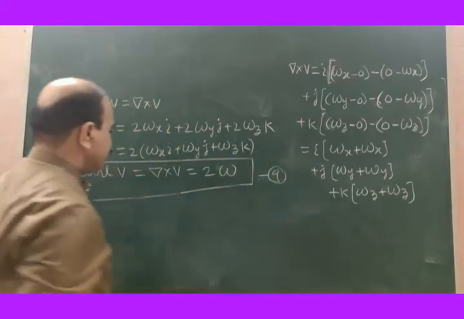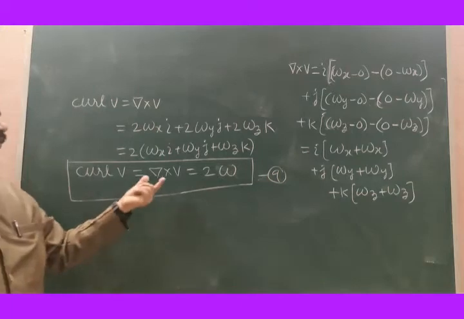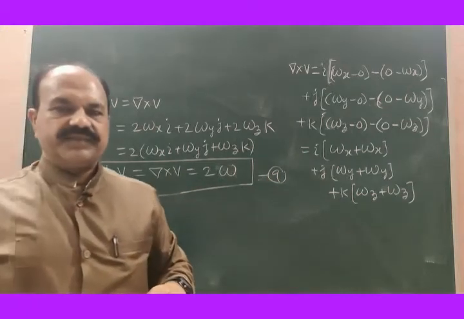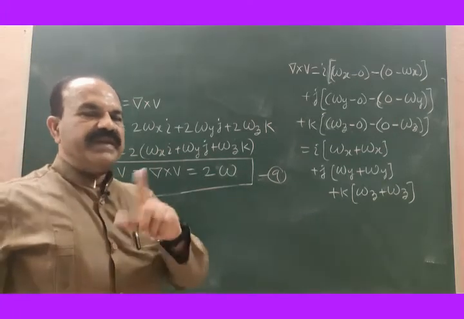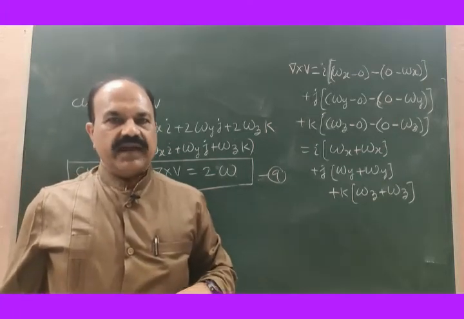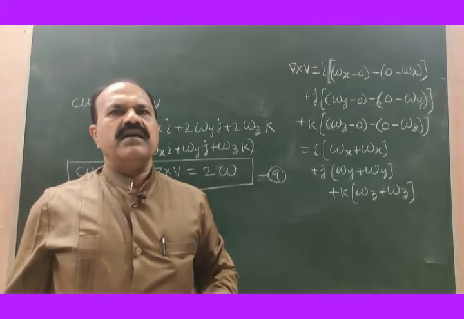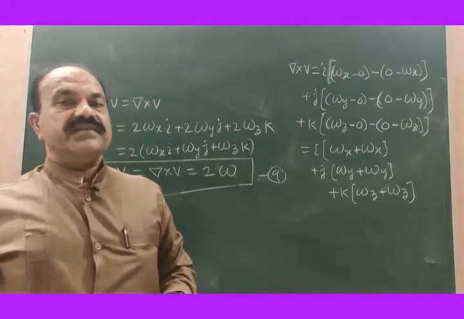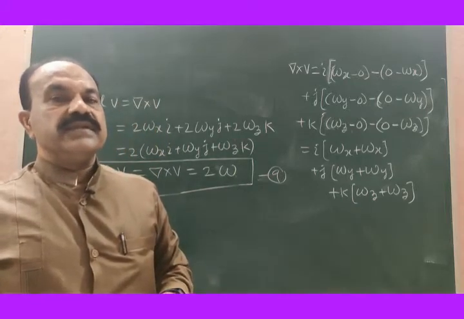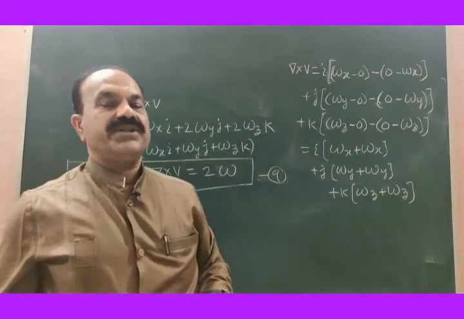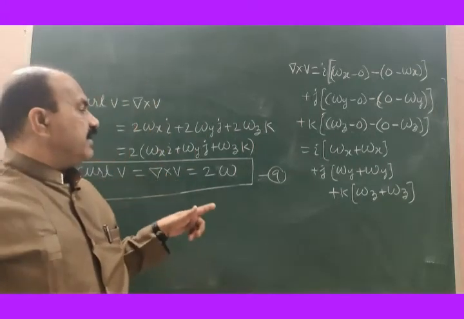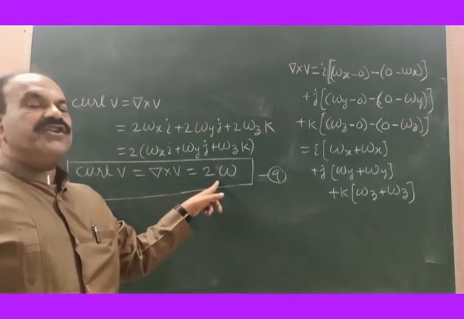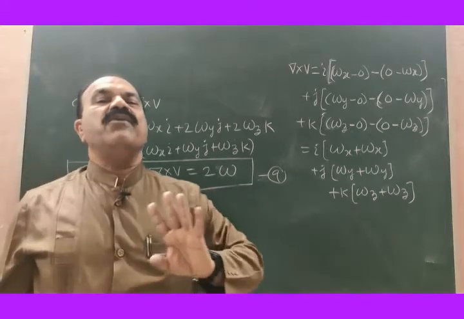Equation number 9. Curl V or del cross V is simply 2 omega, meaning that, what is the meaning of this? Meaning that when a rigid body is rotating about an axis passing through it, curl of its linear velocity is equal to 2 times its angular velocity.